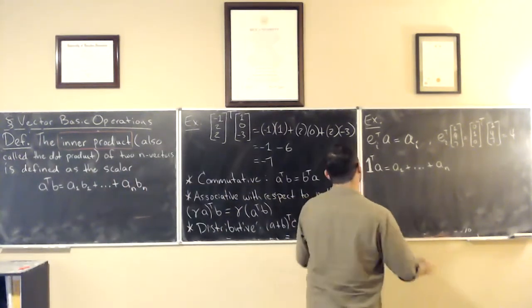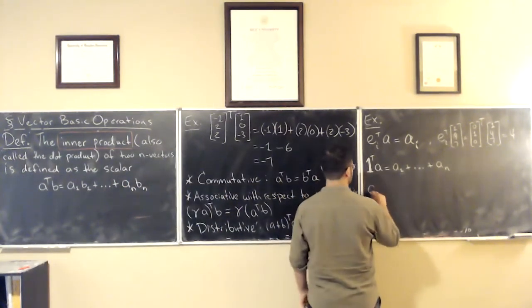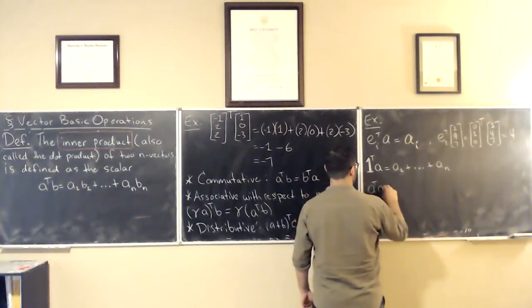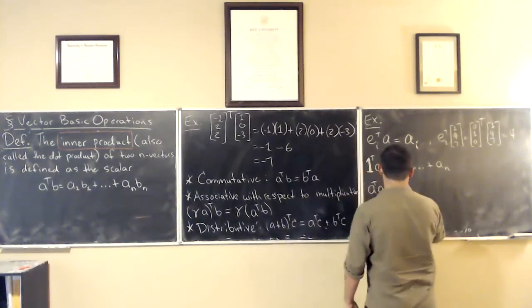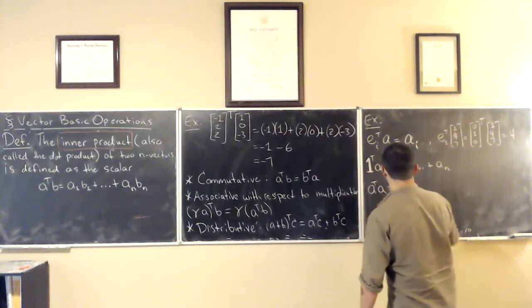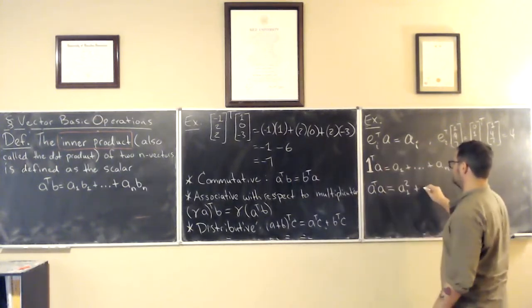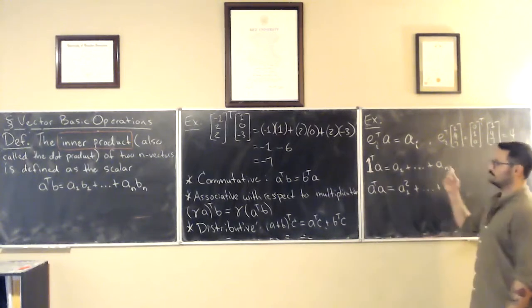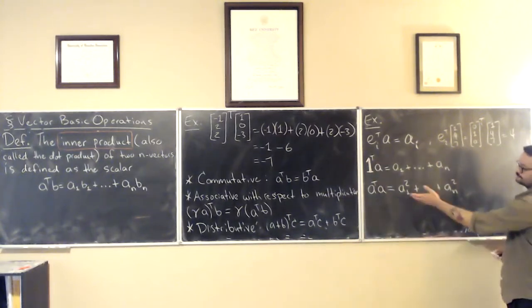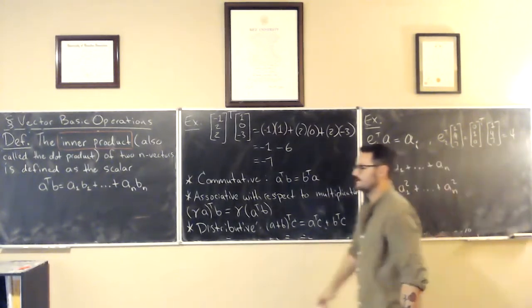And then, sum of the squares. So A inner product A. This is just A1 squared plus dot, dot, dot, plus An squared. So sum of the squares of the elements.